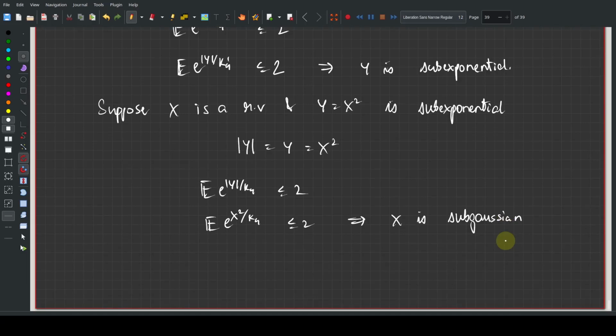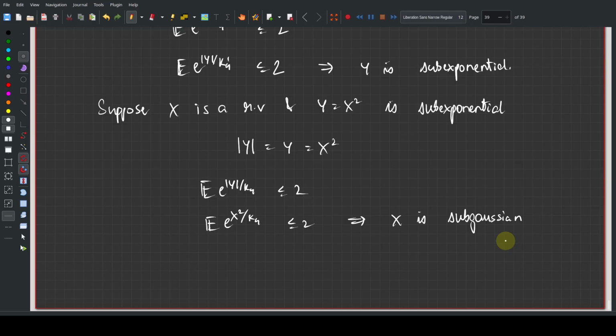But the one point to keep in mind is that sub-exponential is a much more general class. Every sub-Gaussian distribution is also sub-exponential, but not every sub-exponential distribution is sub-Gaussian.